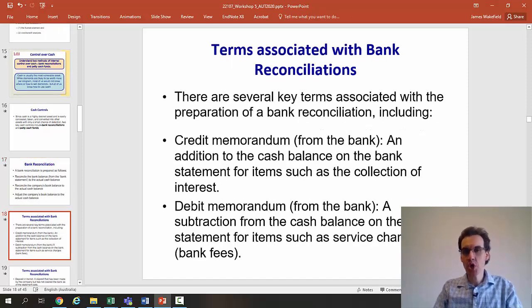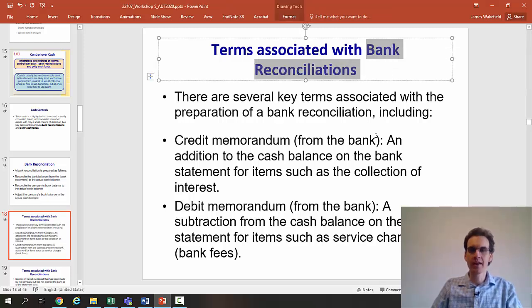Now, there's a few terms that you need to be aware of as we move through this particular learning objective related to the bank reconciliation, that relate to items that we're going to discover that are necessary to reconcile the amounts that we're looking at. So the bank statement amount with the amount in the records of the business.